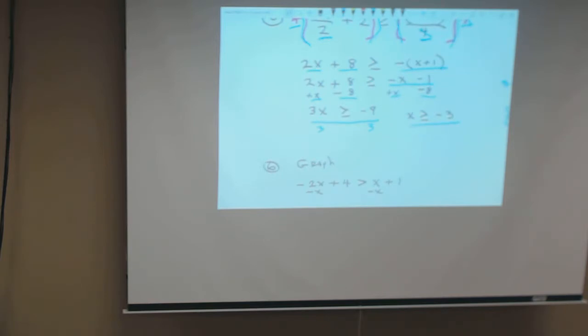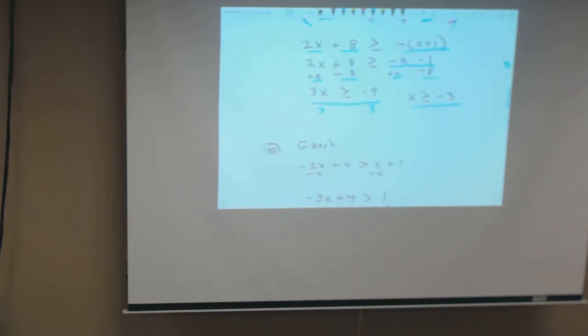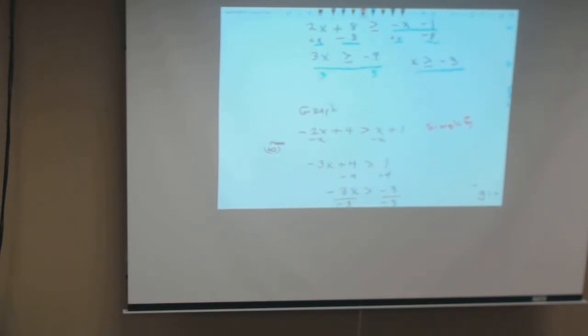Number 6 says graph negative 2x plus 4 is greater than x plus 1. So the first thing you do is simplify. When I simplify, that means I subtract x from both sides, and that gives me negative 3x plus 4 is greater than 1.